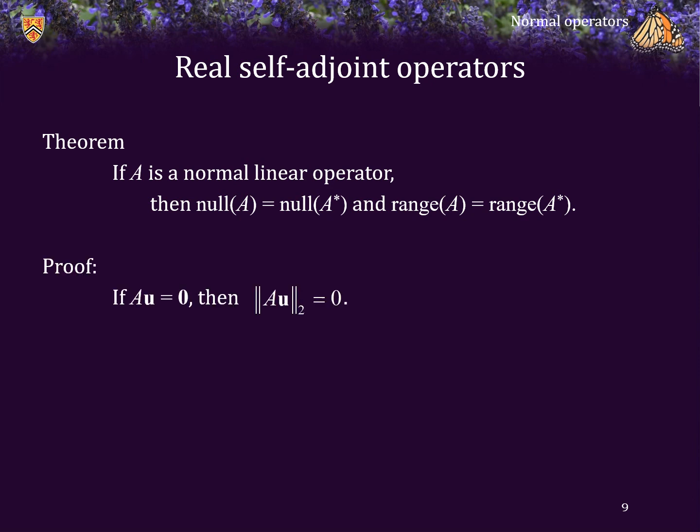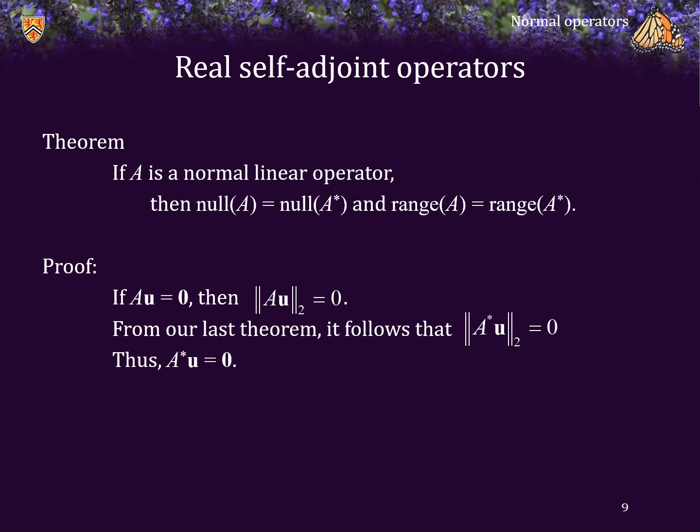Proof. If A applied to U is equal to the 0 vector, then the 2 norm of A applied to U is equal to 0. However, from our last theorem, we just saw that if A is normal, then the 2 norm of A adjoint applied to U must also be equal to 0. But if that's true, then the adjoint of A applied to U is equal to the 0 vector, because the 0 vector is the only vector that has a 2 norm of 0.